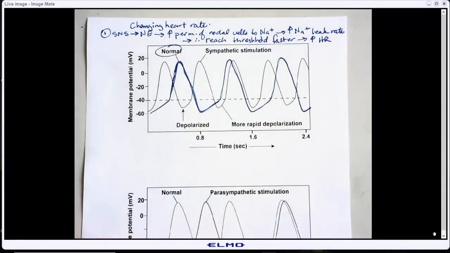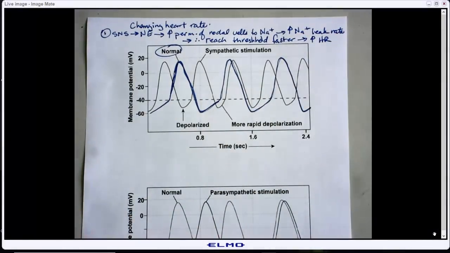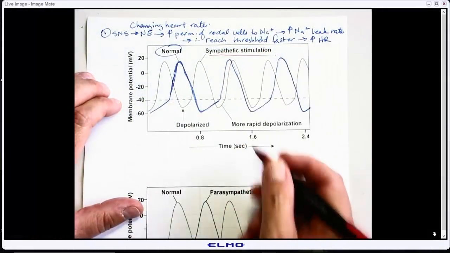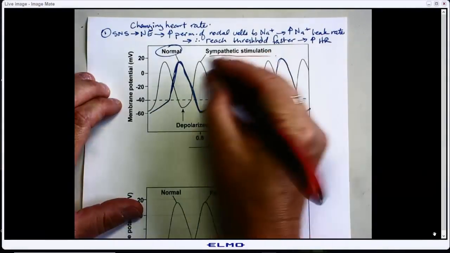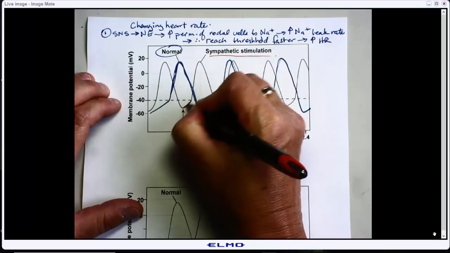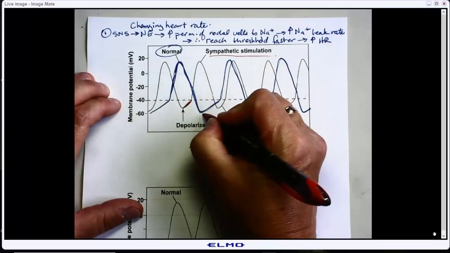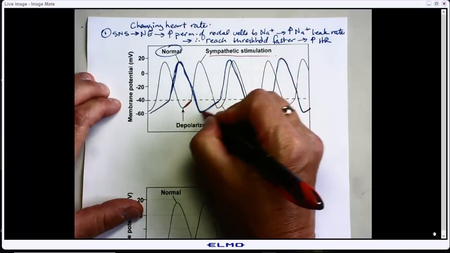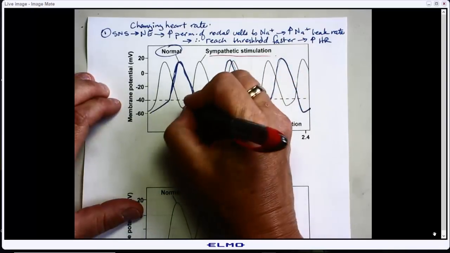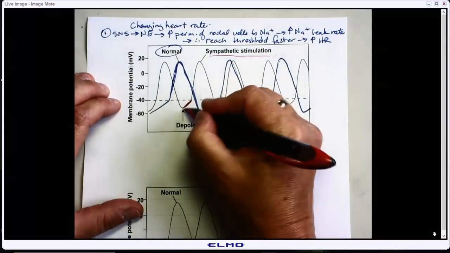Okay, so you can see on this graph that with sympathetic stimulation, our leak rate is faster. So that's the rate we're talking about. It used to be here, right? That used to be our leak rate with just our normal funny current. Now we've got a second current on top of that, so the leak rate is faster.